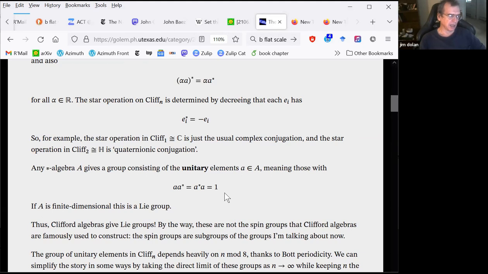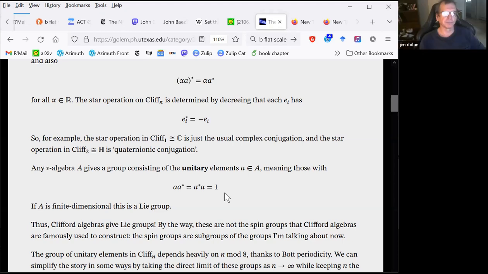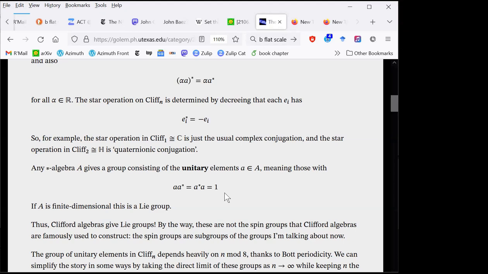A star module of the complex numbers is really a real vector space with a one parameter group of isometries, and these one parameter isometries proceed at constant angular speed. Right. So in that case, the circle is actually a group, so you can say a circle action and people will know what you mean.